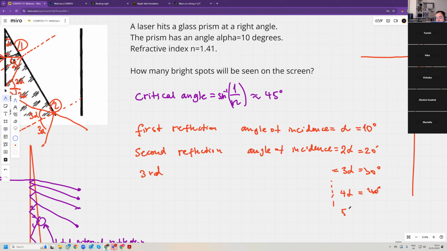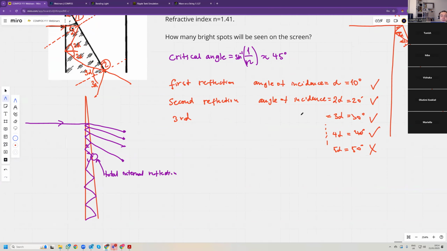And then 5 alpha, which is 50 degrees, no, that's greater than the critical, so no refraction. So refraction, refraction, refraction, refraction, no refraction. So you have 4 bright spots. So the answer is 4 bright spots.